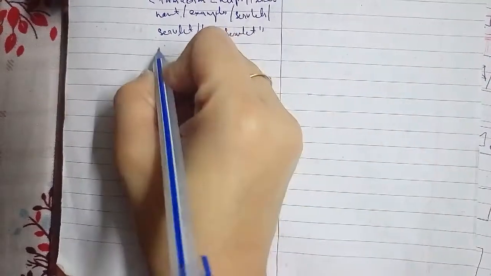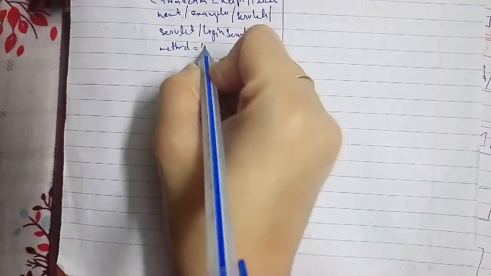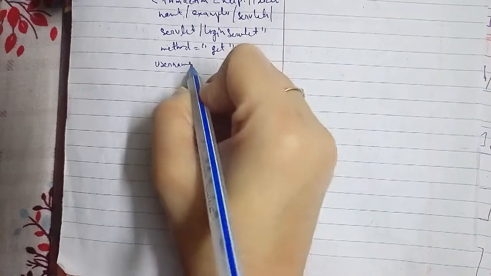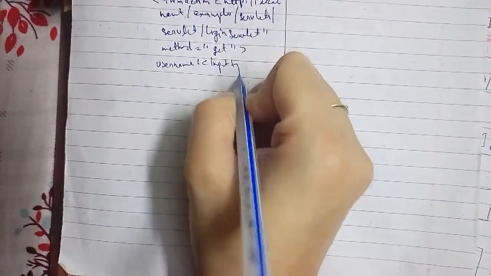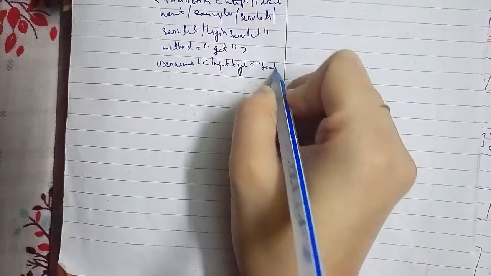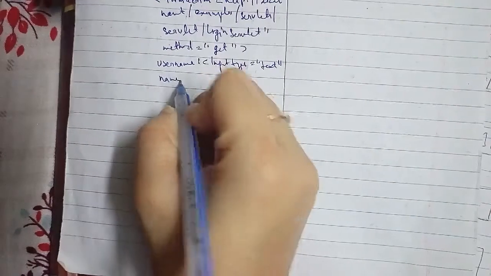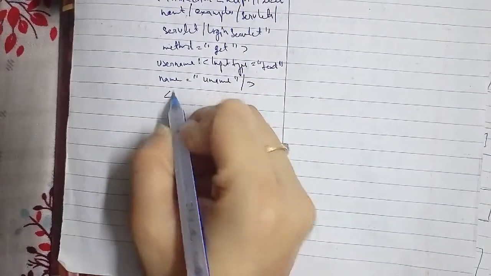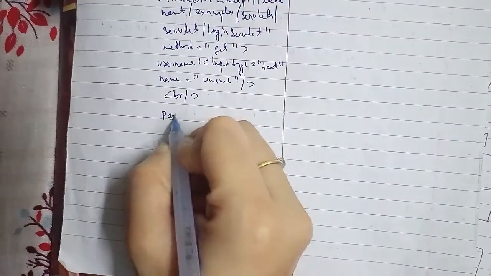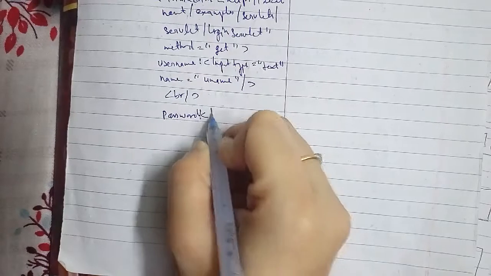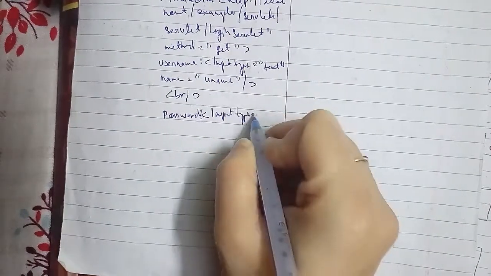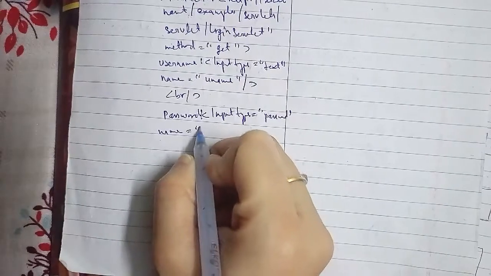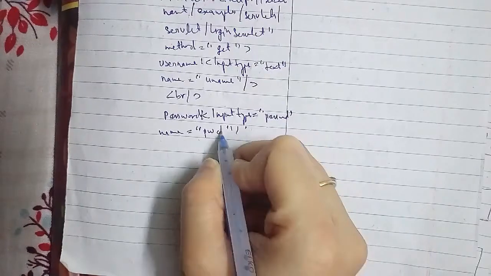Username, it is input type equals to text, name equals to uname, then break tag close, then we have password, that is input type equals to password, name equals to pwd, then input type equals to submit, value equals to submit.